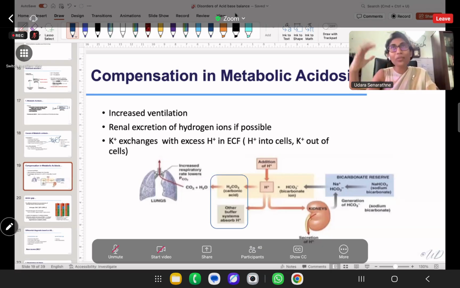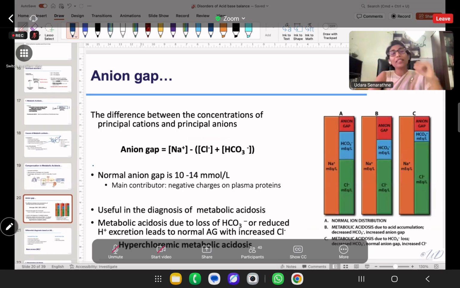So you cannot continue to expel carbon dioxide like that to get everything down completely to normal, because at one point your respiratory drive will go off. Therefore, you cannot continue to do that, and there is a limit to how much you can compensate. Similarly, the other way, we will discuss that when it comes to it. So you cannot continue to increase your respiratory rate to get rid of all the ions.